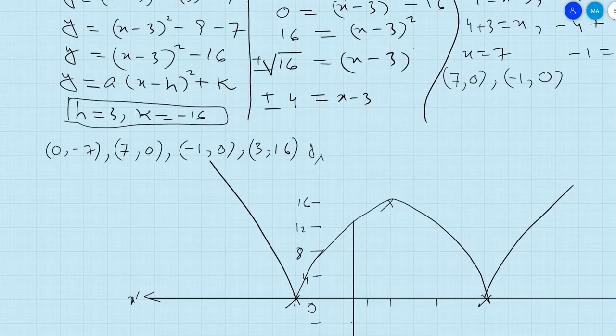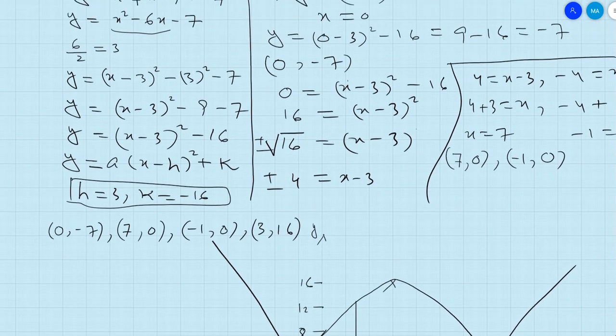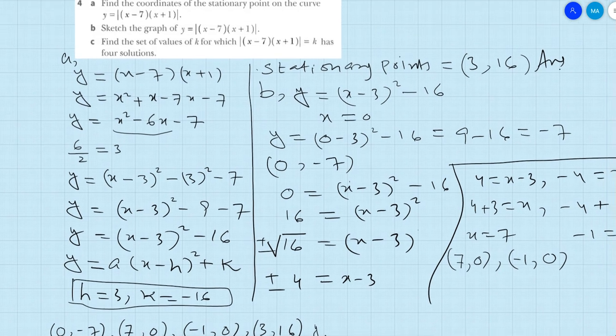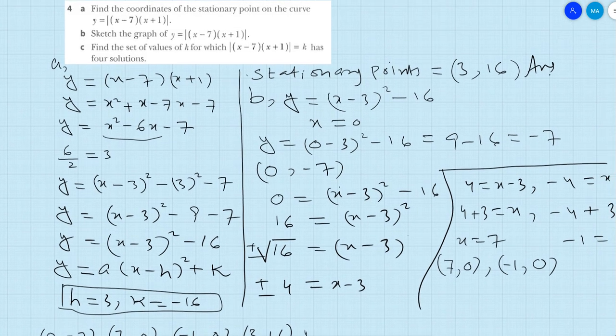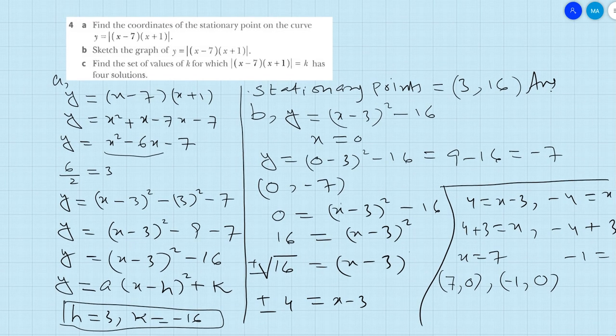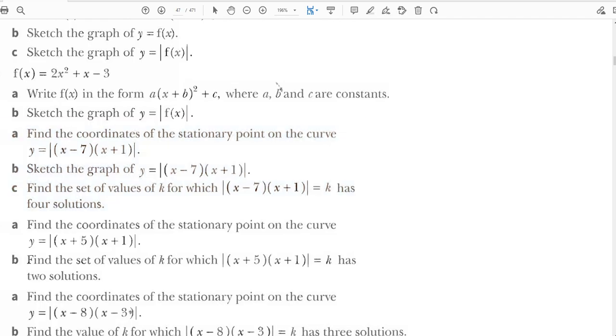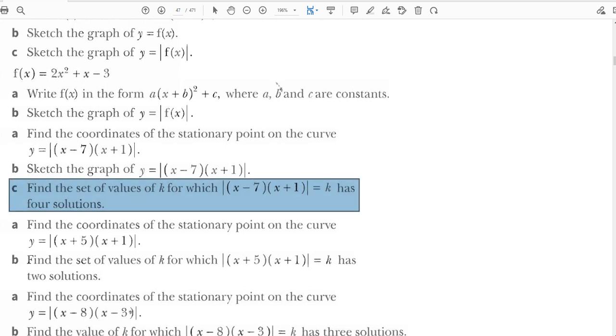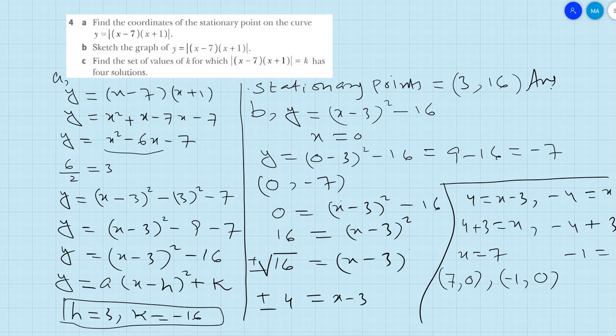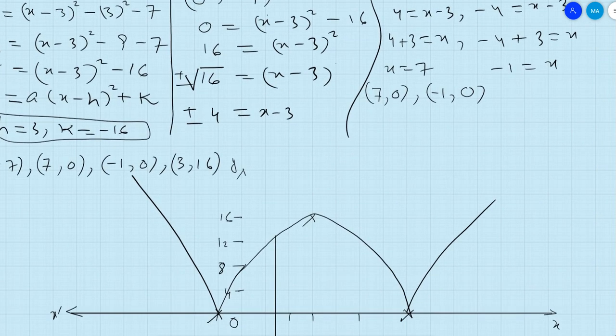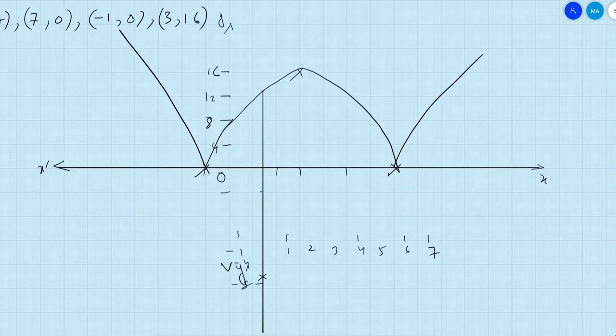What is part C? Find the set of values of k for which (x - 7)(x + 1) is equal to k has 4 solutions. I will copy this last part and paste over here.